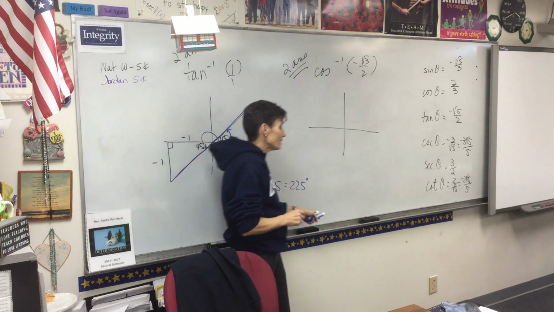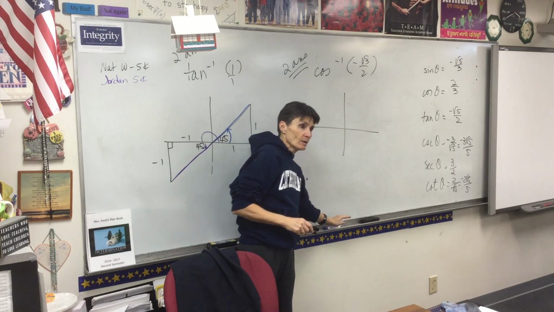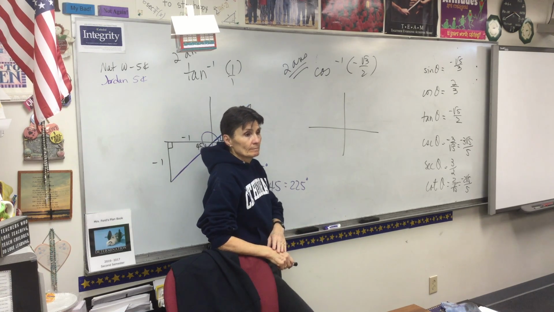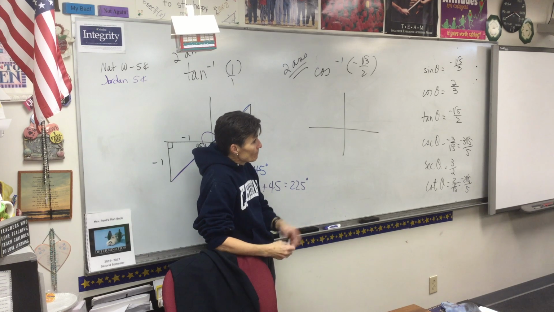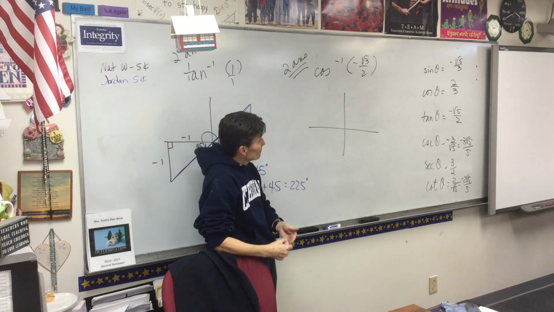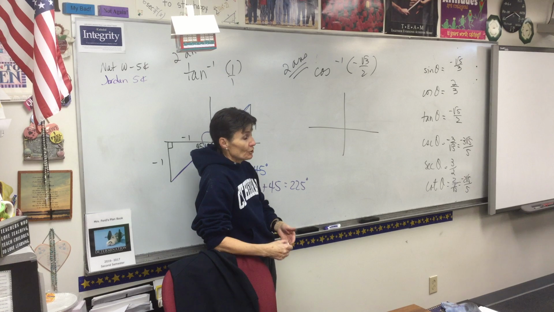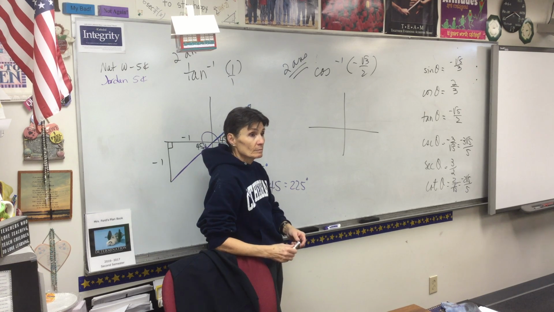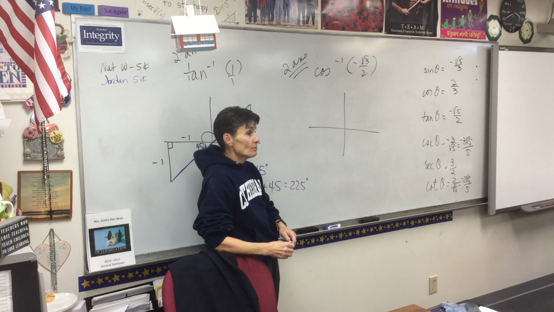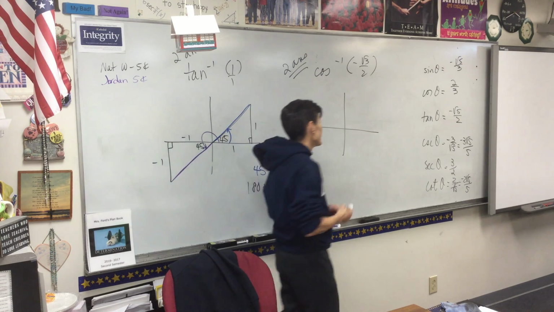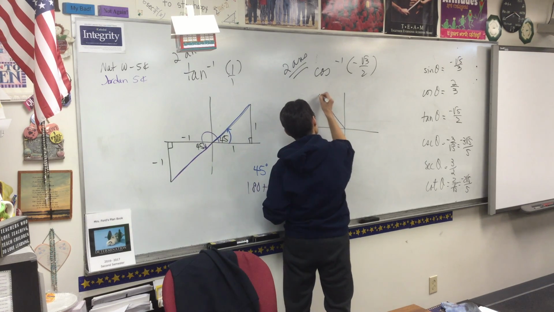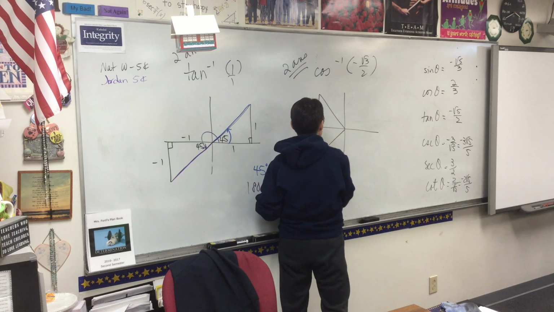Now, because it's a negative, you will not draw it in quadrant 1. Right? So where will I draw it? 2? 4? I like 2 and 3. 2 and 3.